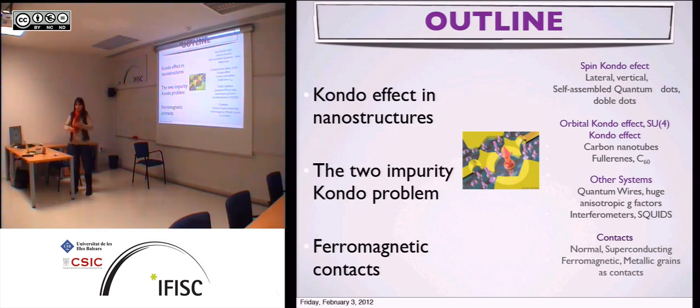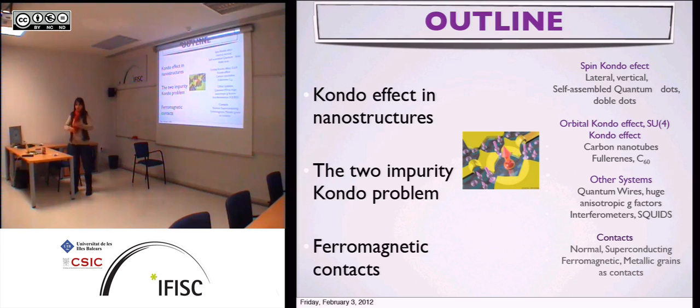By doing the same type of perturbation theory, you can write an effective Hamiltonian with a coupling constant that depends on the tunneling, B, and a denominator that depends on U, the on-site interaction.